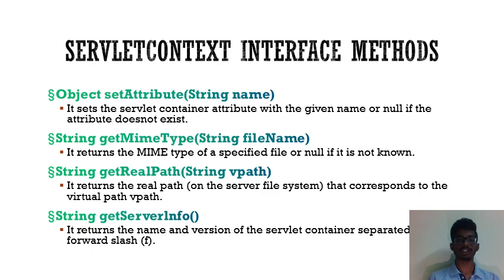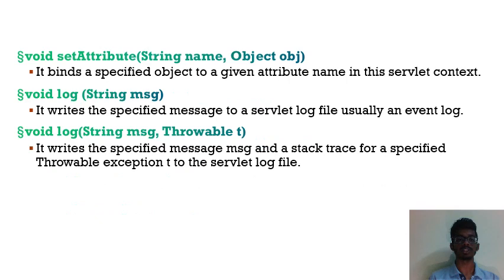Some interface methods are setAttribute, getMimeType, getRealPath, getServerInfo. setAttribute sets the attribute, getMimeType acquires the MIME type, getRealPath returns the real path of the servlet, and getServerInfo returns the name and version of the servlet container. log contains all the details that are performed, and log with a string message also raises an error if any crash appears.